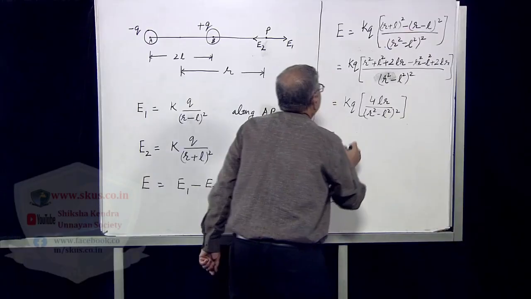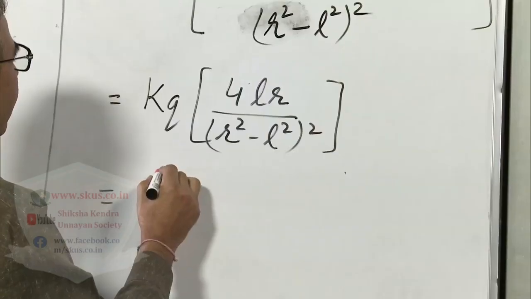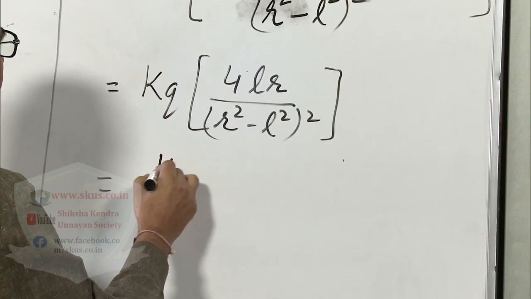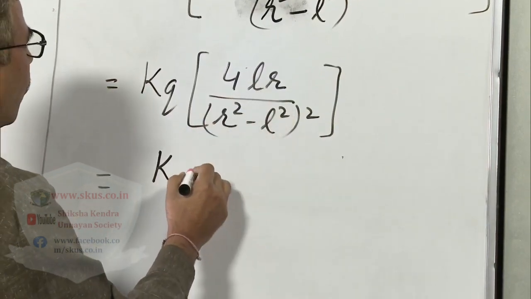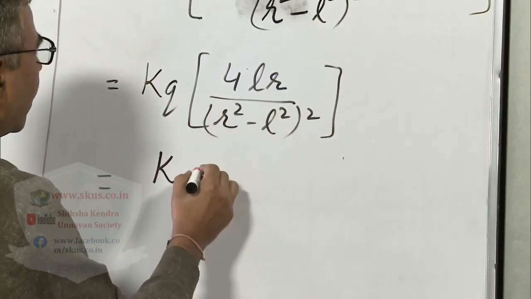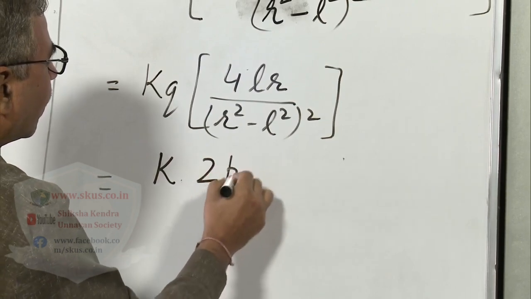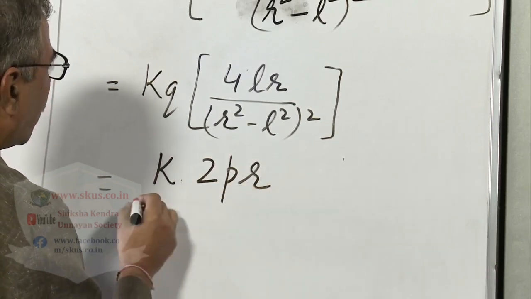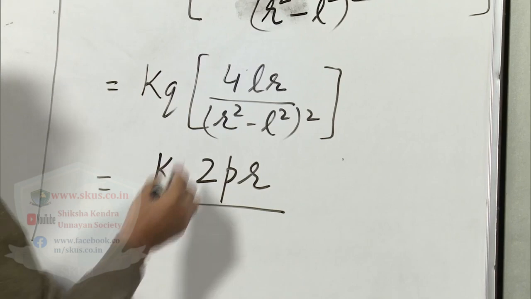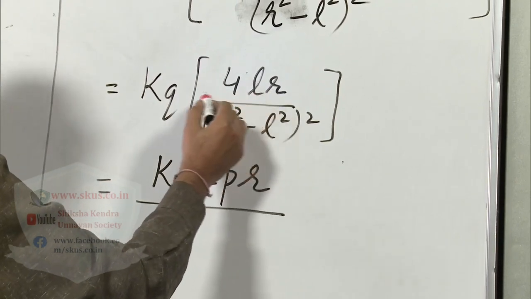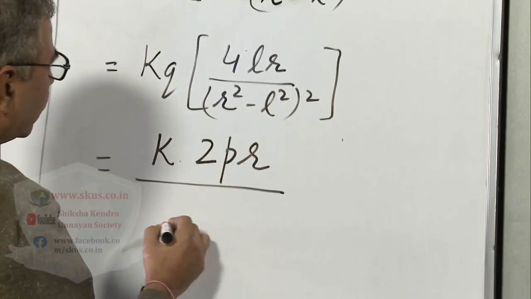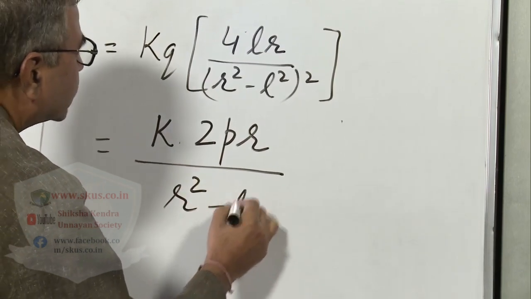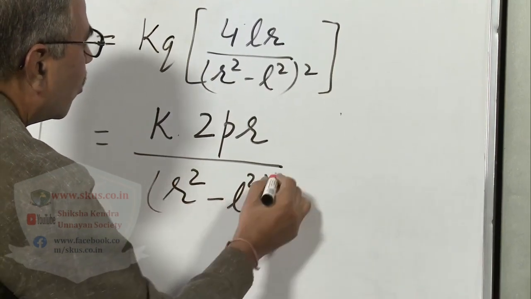It can also be written as K 2 P R upon (R square minus L square) whole square.